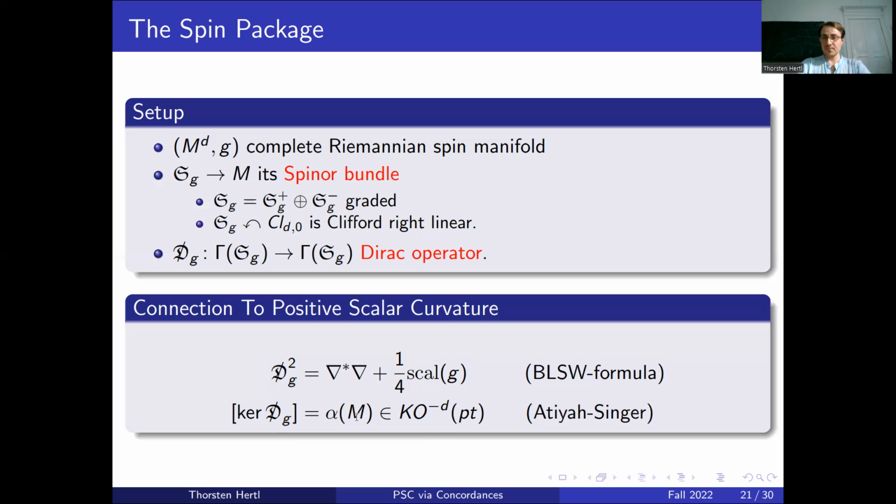These two pieces of information produce a very effective obstruction against positive scalar curvature, because if the scalar curvature is positive, then the Dirac operator is invertible, its kernel is trivial, and hence its class in K-theory must be 0. On the other hand, if we know for some reason that this class is non-zero, because of, for example, the topological description, then we have an obstruction against positive scalar curvature.